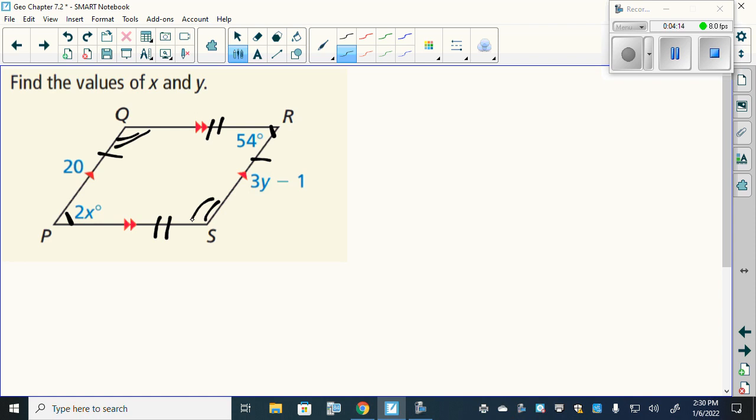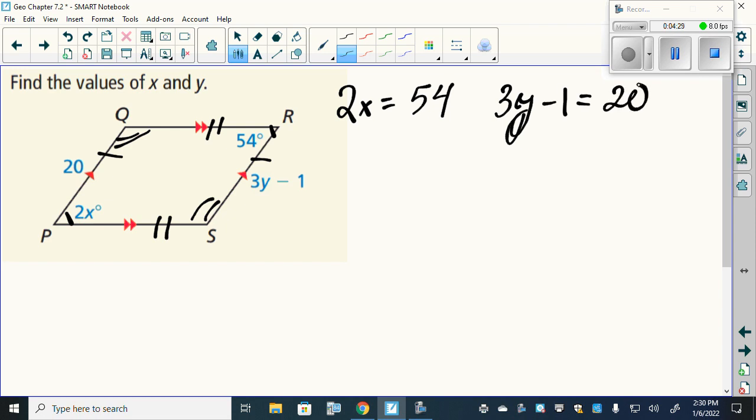So to find the values of x and y, well, we know that 2x is going to equal 54, and y minus 1 is going to equal 3y minus 1. X is 27. And how did you find the value of x? Divide 54 by 2. We divide both sides by 2, telling us x is 27.